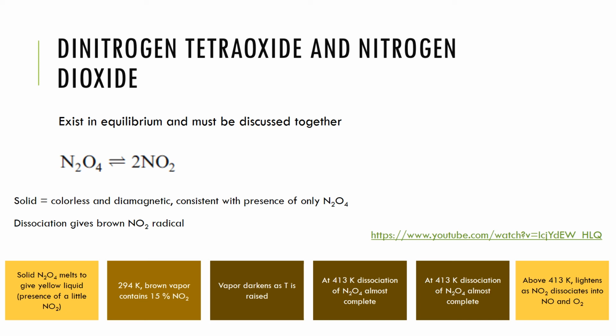And dinitrogen tetraoxide and nitrogen dioxide exist in equilibrium, so we tend to discuss these things together. You can see the equilibrium set up between the two molecules here. The solid is colourless and diamagnetic, which is consistent with only the presence of N2O4.